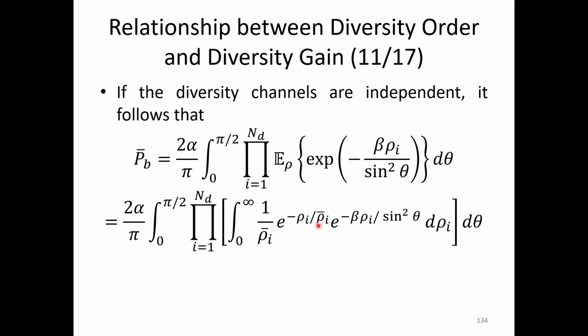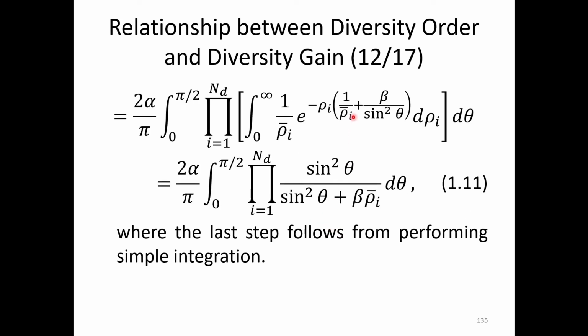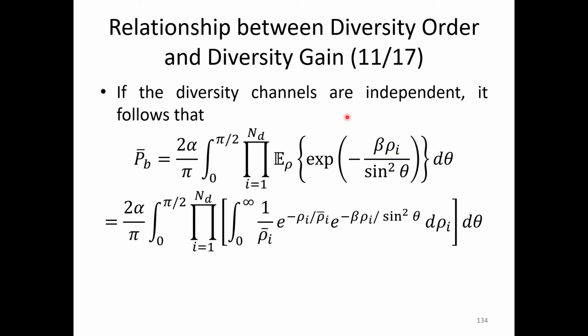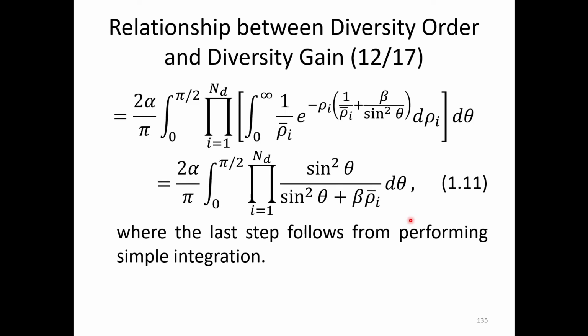The remaining term for the first exponential function is 1 over rho bar I, and the remaining term in the second exponential function is beta over sine square of theta. So here is the plus beta over sine square of theta.